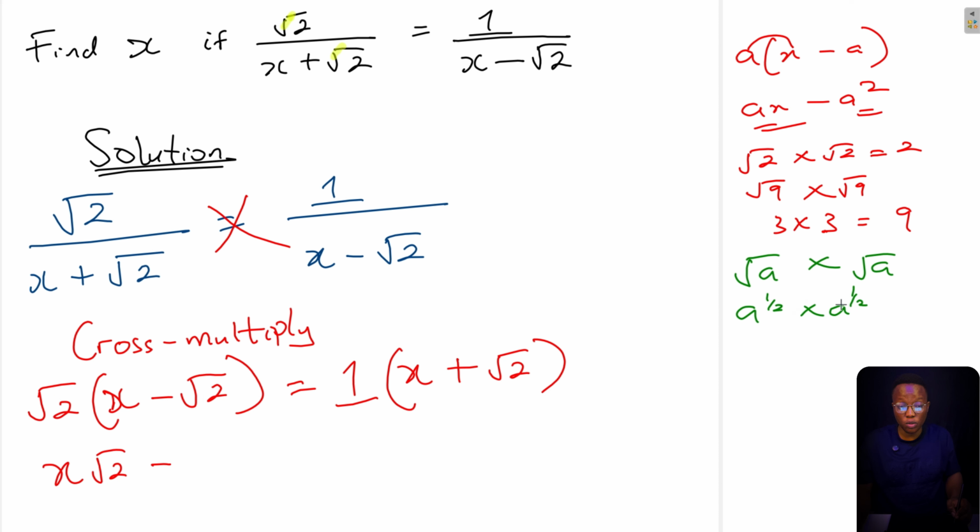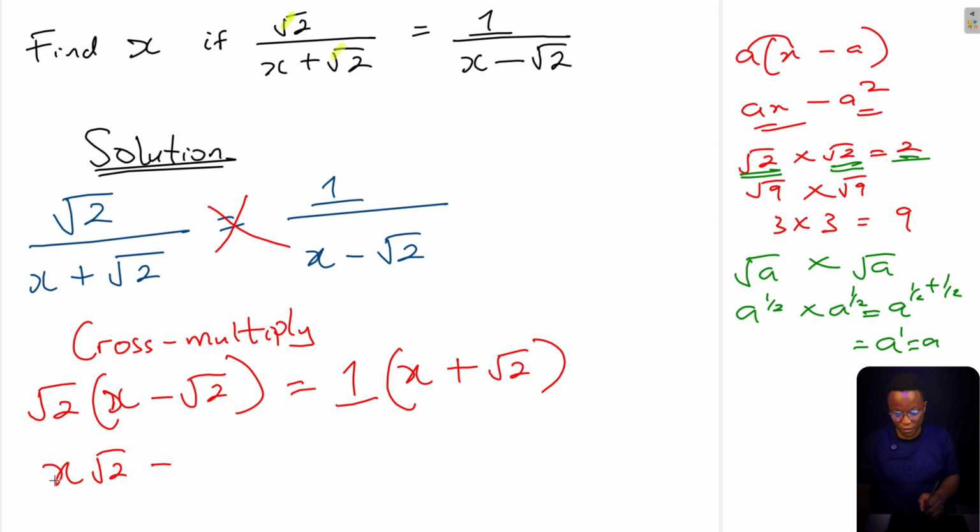By indices, when you multiply, we add their indices. So we now have a raised to the power 1 over 2 plus 1 over 2, and this gives us a raised to the power 1, which is a. So invariably, what I'm trying to say is the square root of 2 multiplied by the square root of 2 will give you 2. Okay?